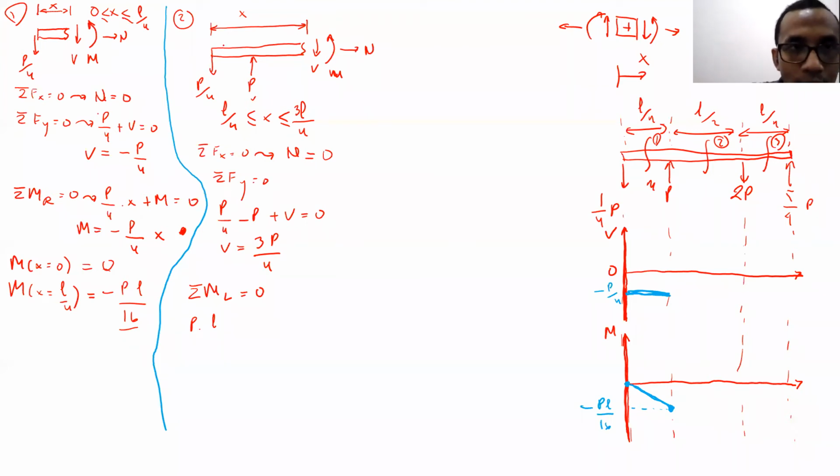No, this distance is not x, but this one is the distance L over 4. P multiplied by L over 4. That's the moment. So counterclockwise is negative, right? Yeah. If you use 3L over 4, you need to... No, you don't have to. That's why I use the left edge.